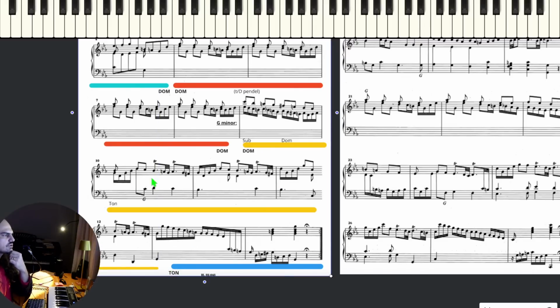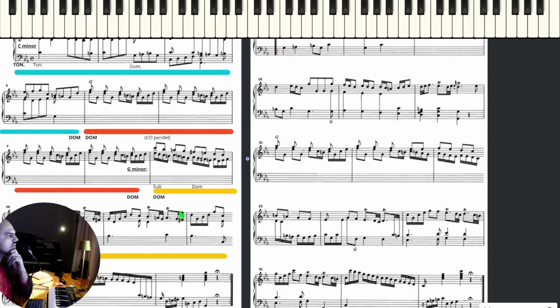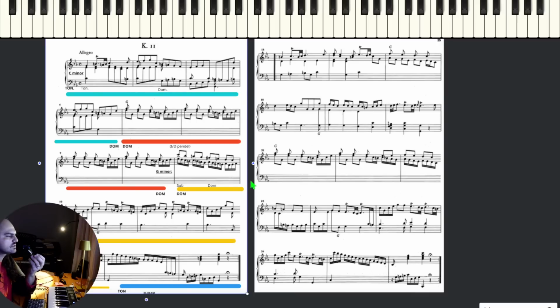There is no resolution here. So the whole function here is to bring to the tonic. So this is why this whole statement here is dominant. And these are the relationships you have to understand in order to determine the keys in more complex pieces of music as well.